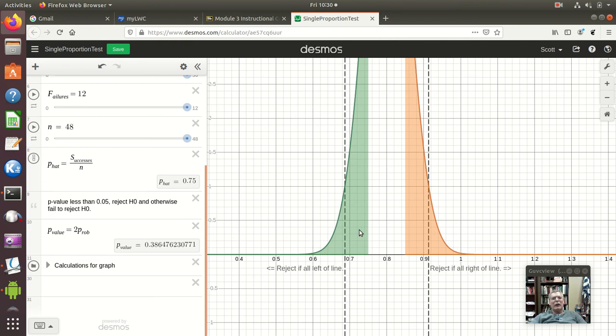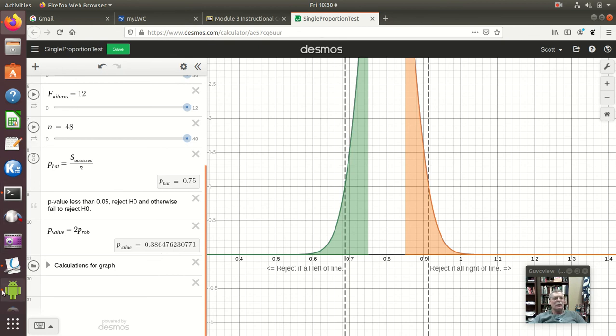The green area is the actual calculated area, but it's a two-sided test, so we take both sides. Our data, 0.75, was out here from 0.8, or equally likely we could have been above. We get a p-value of 0.3864, so we definitely fail to reject the null hypothesis.